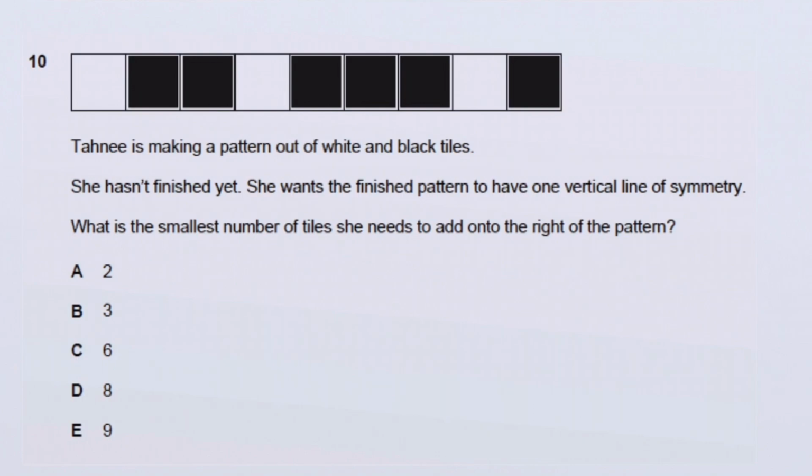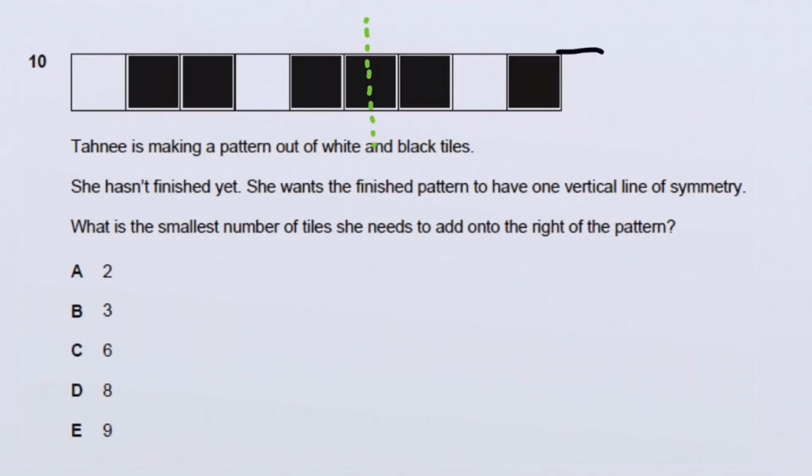Well, when we look carefully, we can create a line of symmetry in the middle here. And thus we have these tiles which are symmetrical. This one, this black tile, but we see that these two tiles are missing on this end.